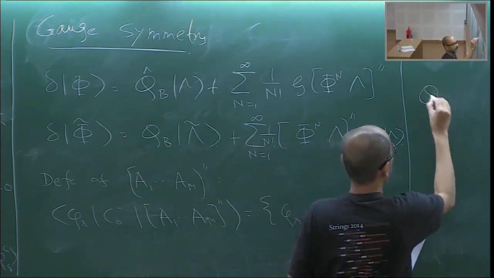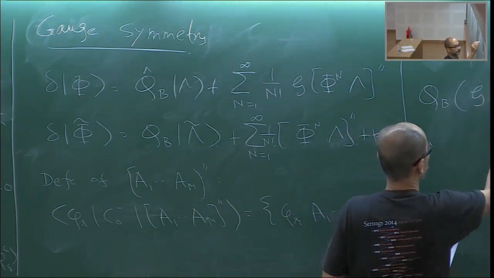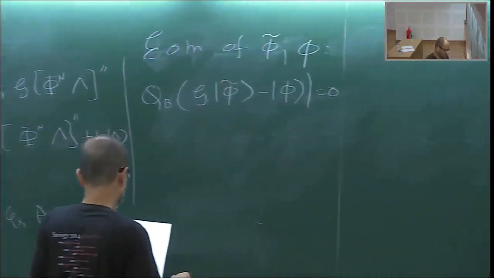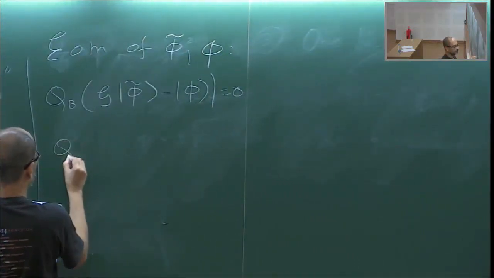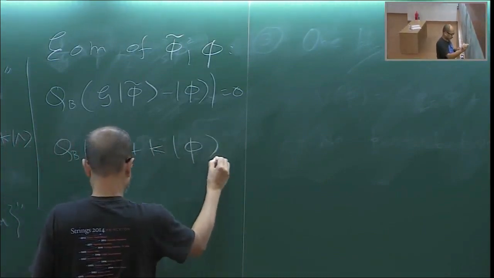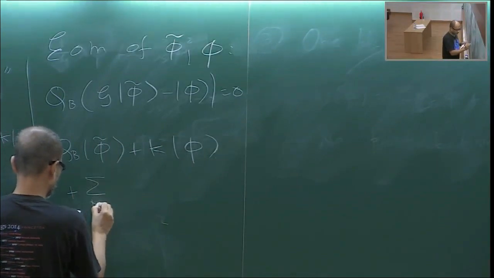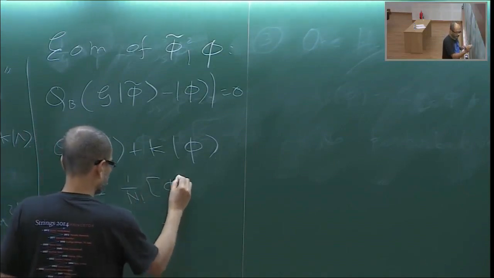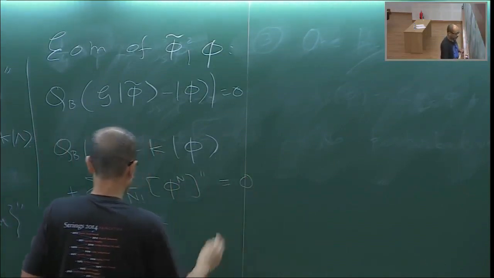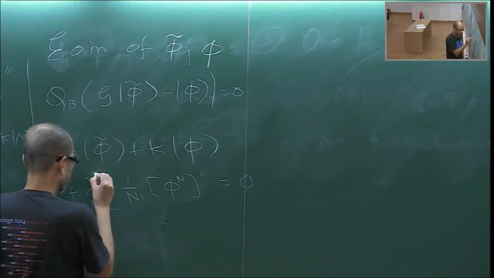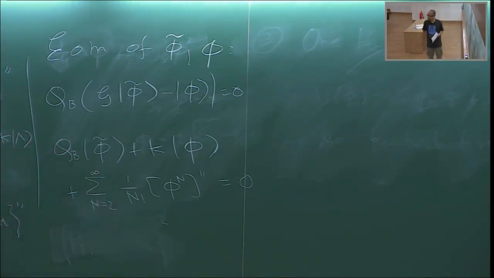So these have the form of QB... okay, this n of course starts from 2 to infinity. Okay, and again one can try to massage this a little bit.